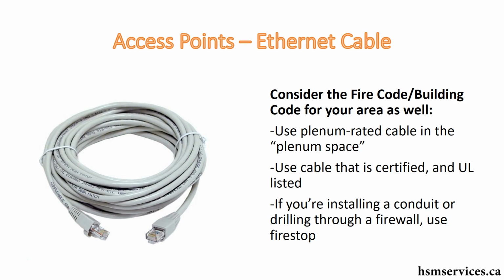If you've drilled through a firewall, basically a wall that takes longer to burn, then you should use fire stop. It's like a putty and it allows you to seal that hole back up. Same thing if you're installing a conduit through a firewall, make sure to seal around the edges of the conduit.